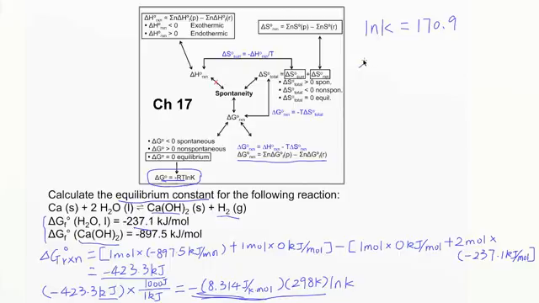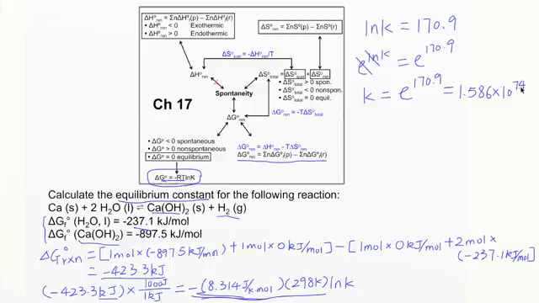And then you raise the two sides to the exponent position of E. And then you got your value of K. Okay, because E to the ln, you can cancel the ln and E. So the K equals to E to the 170.9. And if you use your calculator, then you will find out the value of this number is 1.586 times 10 to the 74.